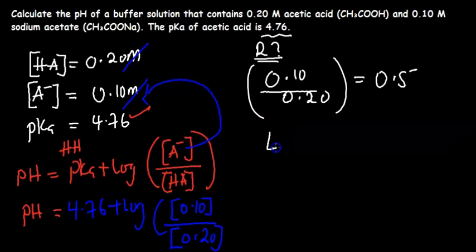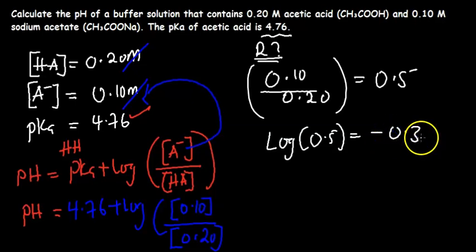Here we're going to have log of 0.5, which is simply going to be negative 0.301.